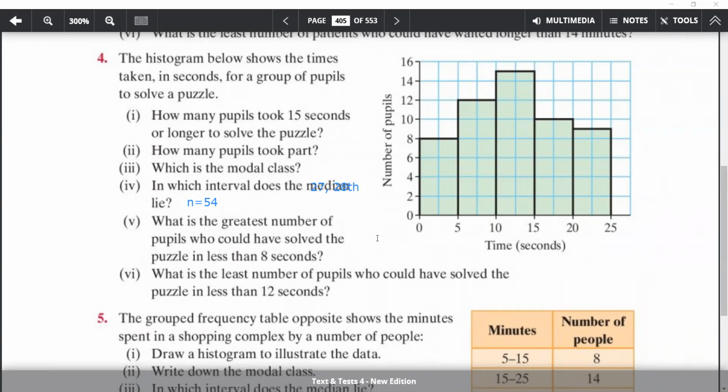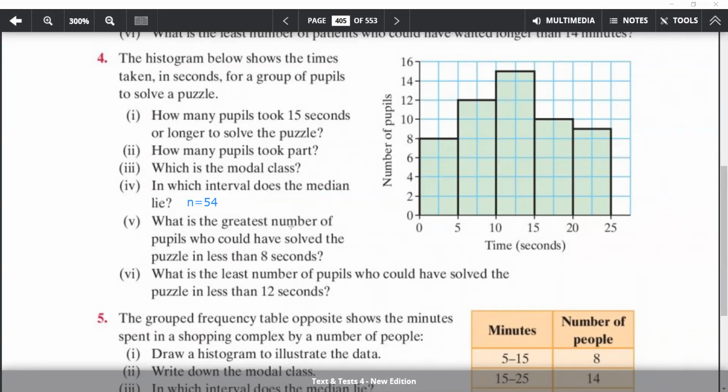The first 8 people are 0 to 5, and the next 12 people are 5 to 10. So that's the first 20 people in the first 2 sets. And then we've got another 15 people in the 10 to 15 set. So the 27th and the 28th are among those 15. You've got the first 20 here, and then the next 7 and 8 are in the 10 to 15 interval. So in which interval does the median lie? The 10 to 15 interval.